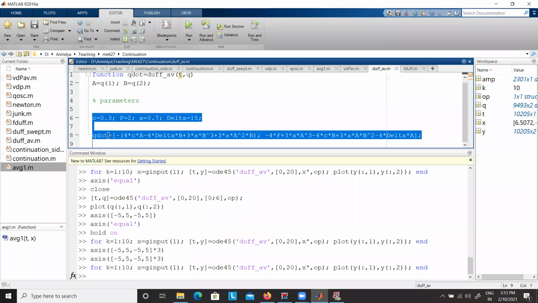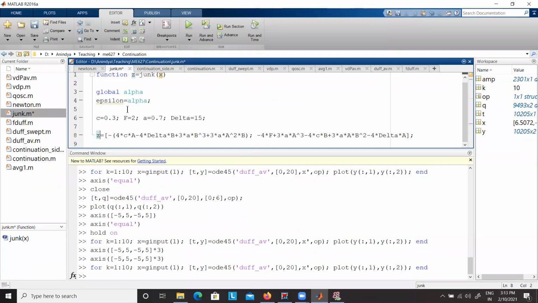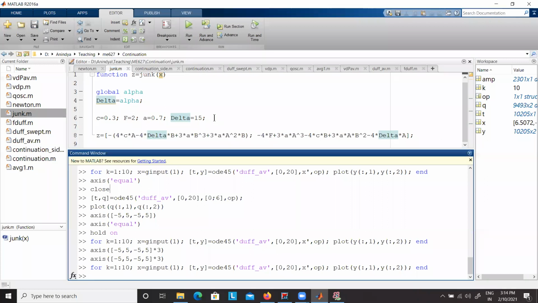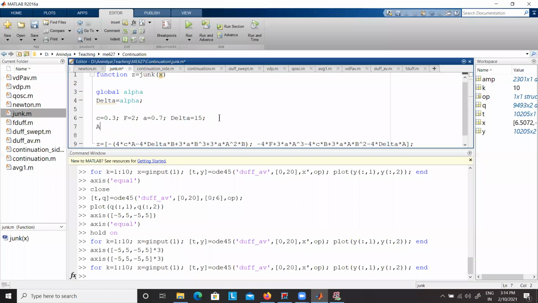Now this will be Z, and this will be delta. Clear so far? That's all, nothing else. A and B are there. I have to specify that. So I have to say A equals x1, B equals x2. And then my usual continuation method will work.